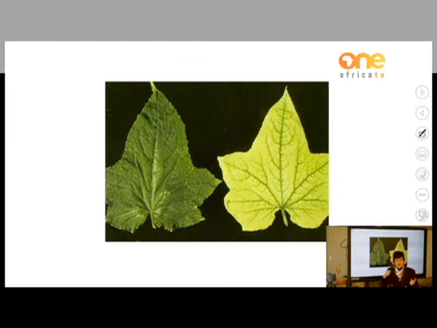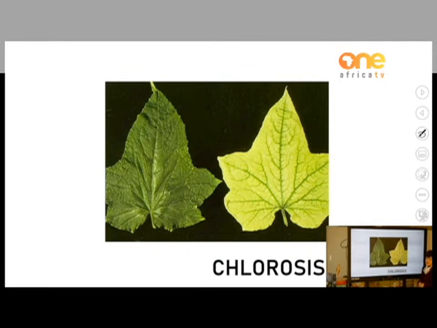We will have chlorosis, where the leaves turn yellow due to a lack of chlorophyll. The chlorophyll cannot form when I do not have the proper minerals in the plant. Okay? I hope that you do understand that.